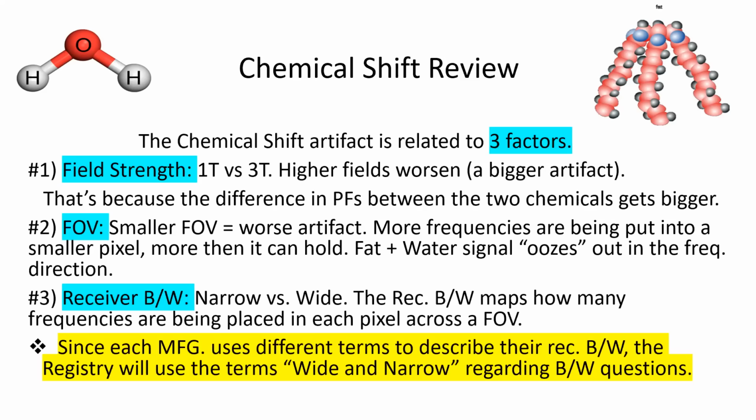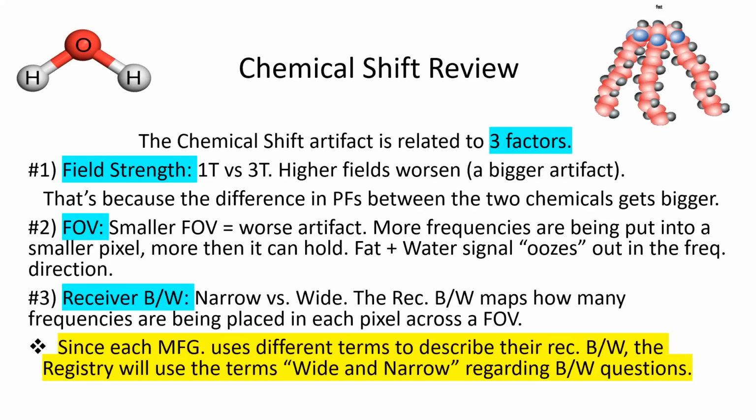You can't put 10 pounds of potatoes into a 5-pound bag. So you can only put 10 pounds of signal into a 5-pound pixel. What happens is it oozes out. And because you're trying to put more frequencies in there, it oozes out in the frequency direction. So chemical shift is always in the frequency direction.